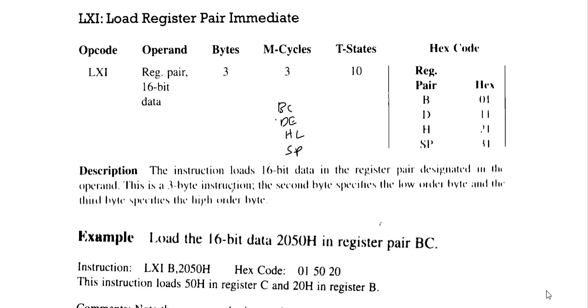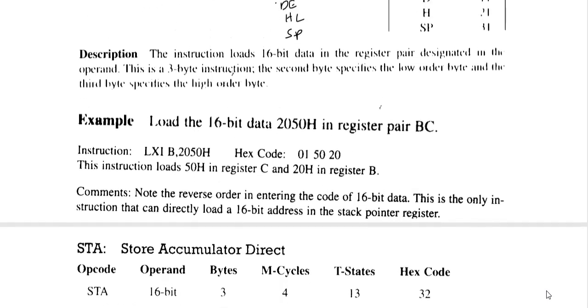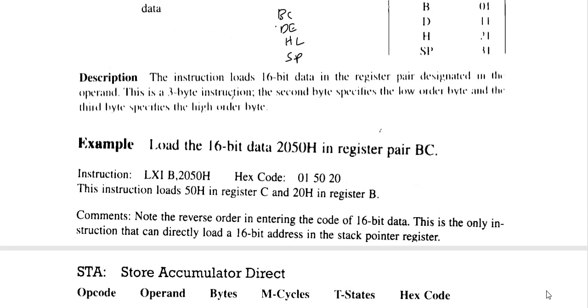For example, if I write LXI B 2050, what will happen? It will move the data 2050 into this register pair, so it will have the value 2050, meaning 20 in B and 50 in the C register.